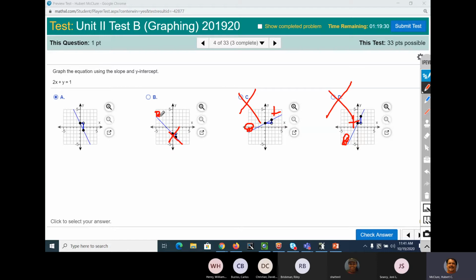These 2 have negative slopes. How can you tell? Which way do we read? We read left to right. So what are the cars doing on A and B? They're going downhill. So these 2 are negative slopes, and these 2 are positive slopes. So ours is negative.